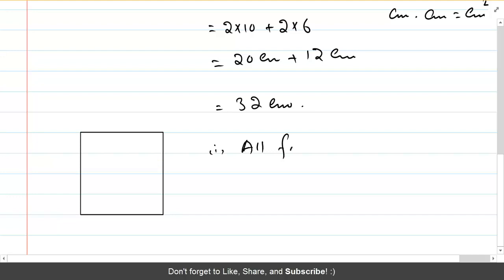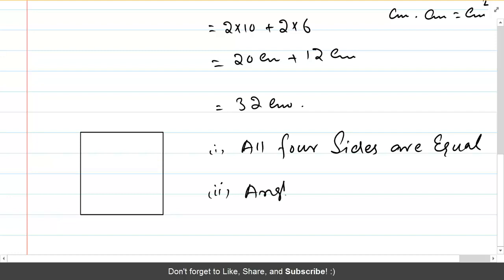All four sides are equal, and obviously the angle at each vertex is equal to 90 degrees.